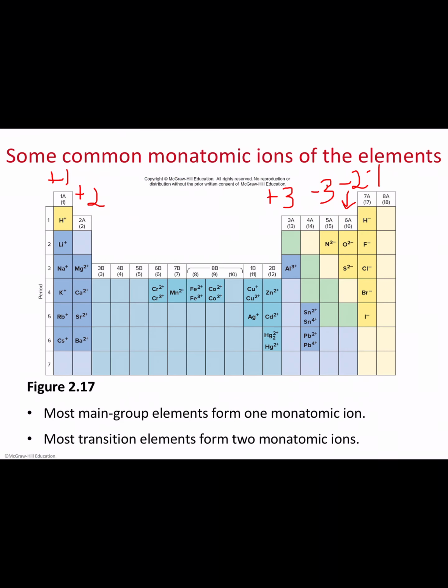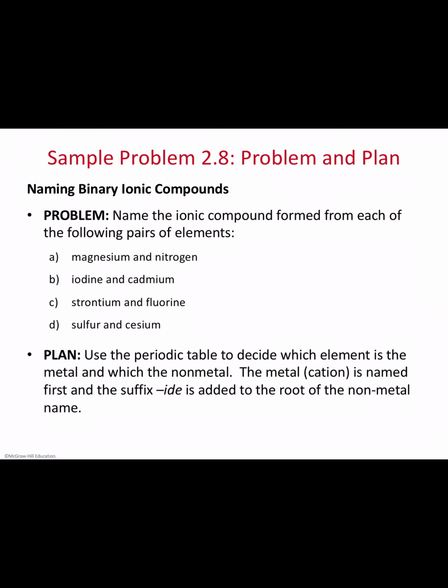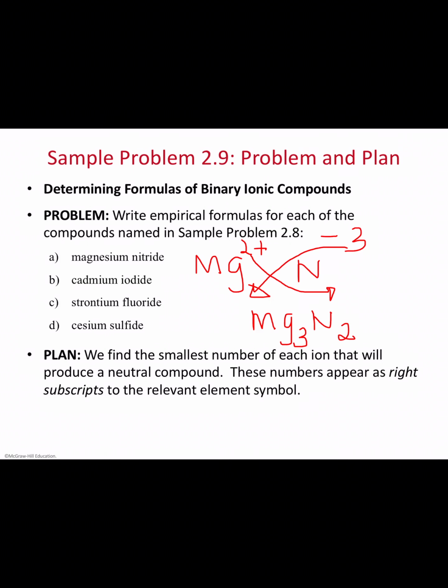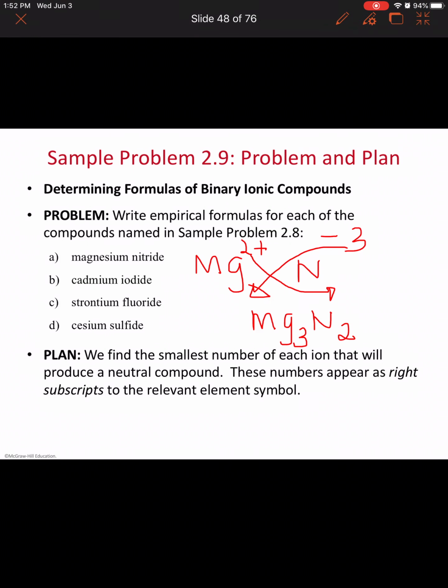Okay. We do the same thing for cadmium iodide. So you go to your periodic table and figure out where the cadmium is and what common ion it makes. So cadmium is right there and it is going to form +2. So cadmium +2, and you go to iodide and find out what common charge iodine makes. It's -1. So you're going to write it down. Cadmium makes +2 charge, iodide makes -1 charge.